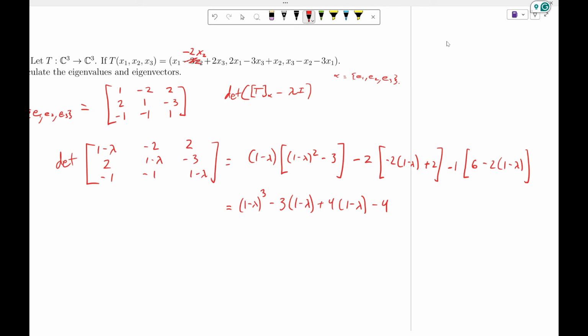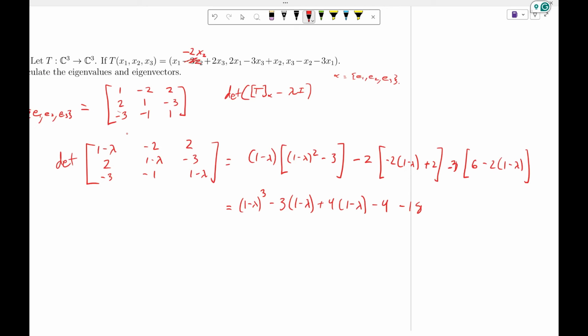If I copy this down right, this should be a -3. This is a -3.